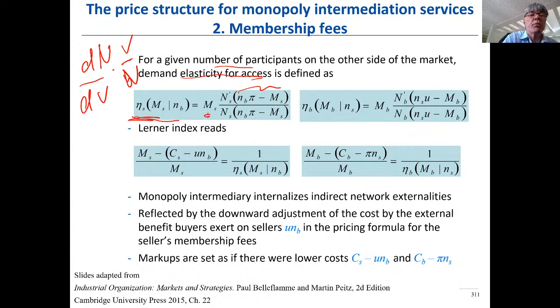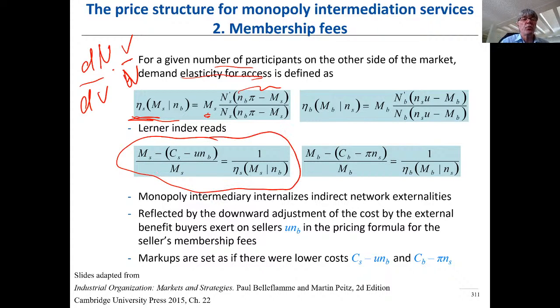And of course, m and V are related to each other with a -1 if we take the derivative, okay? That's what we are doing. Okay, and here we define that, and once we define this elasticity, we can derive the Lerner index here.